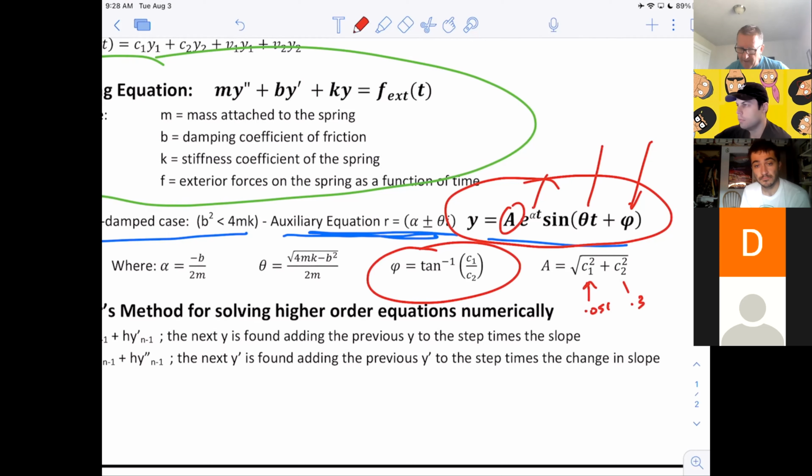And if I wanted to graph that E that I was telling you dampened it, that's exactly the A I would have to calculate. I'd have to take the square root of 0.3 squared plus 0.051 squared. And then if I graphed just that number times E to the negative 0.25t, it would lay perfectly against that graph. And you'd be able to see, oh yeah, it's the E that's causing that to dampen.